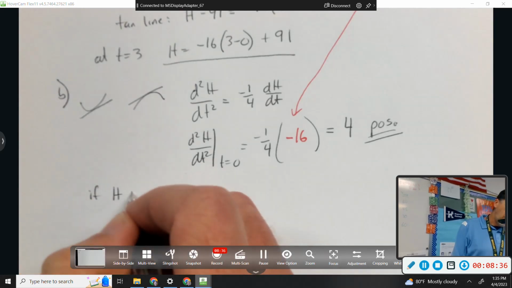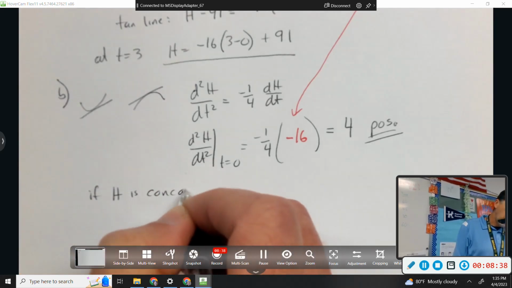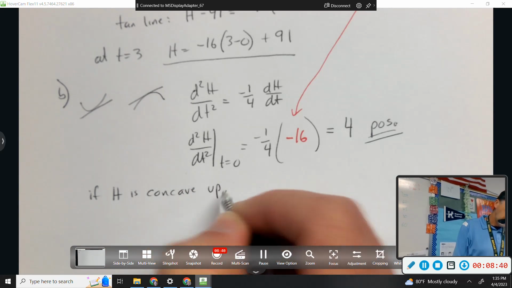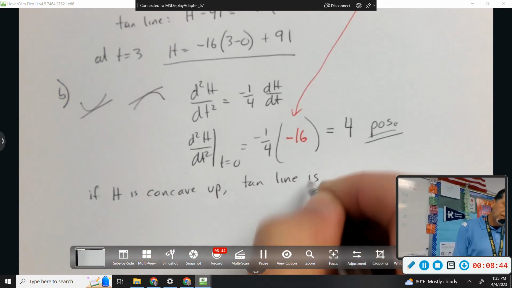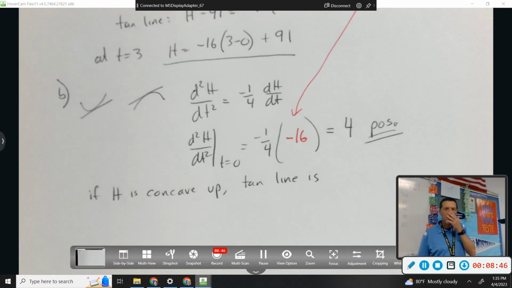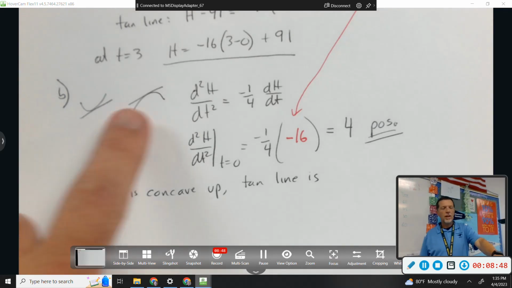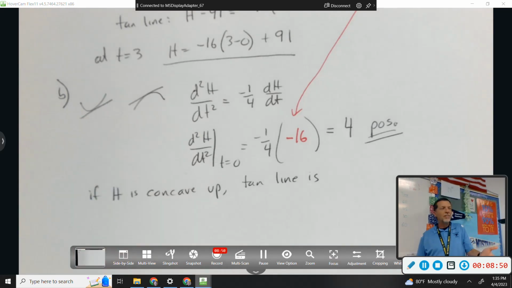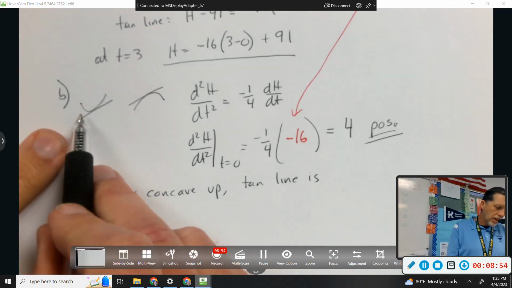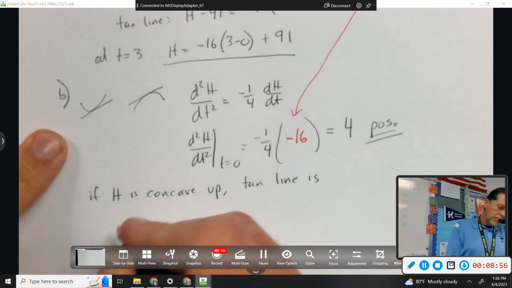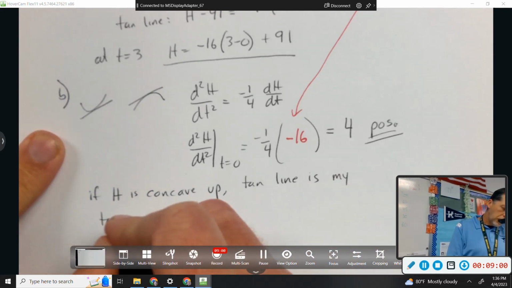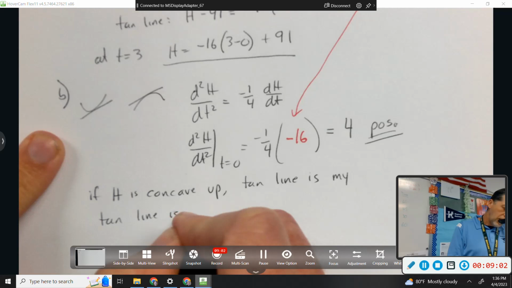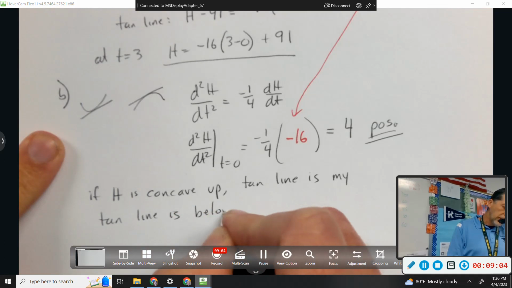Okay, so if H is concave up, the tangent line is an underestimate. Right, I got my pictures there, so I don't memorize this stuff. I just draw a picture when I need it. If H is concave up, then my tangent line is below the curve.